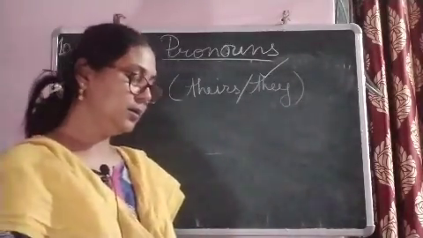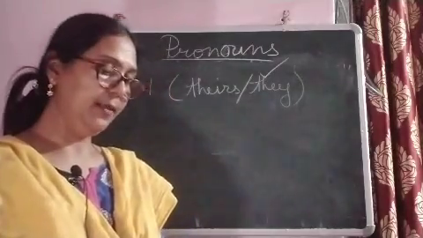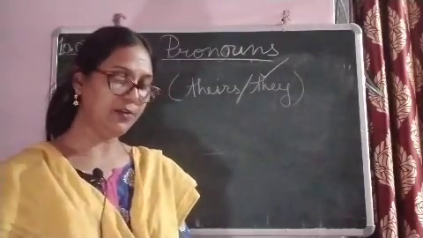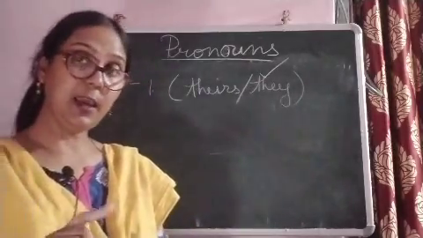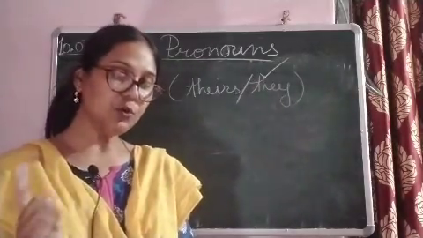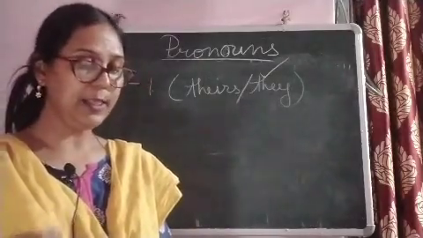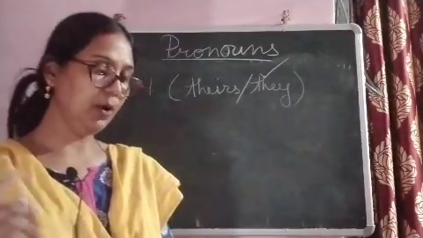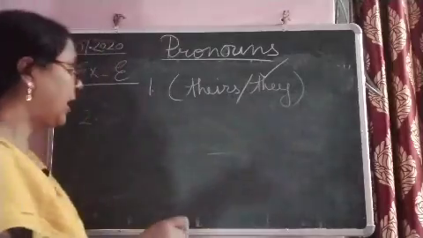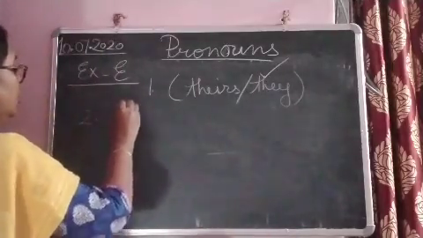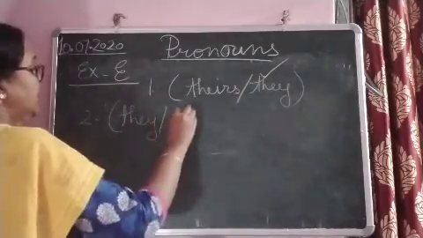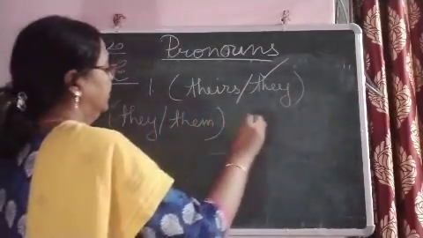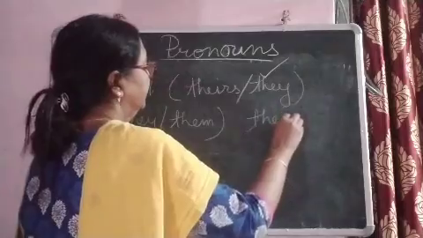Now, second, I called up to know whether they or them had reached on time or not. So, here we are going to choose they and them is written over here, and again they and them.